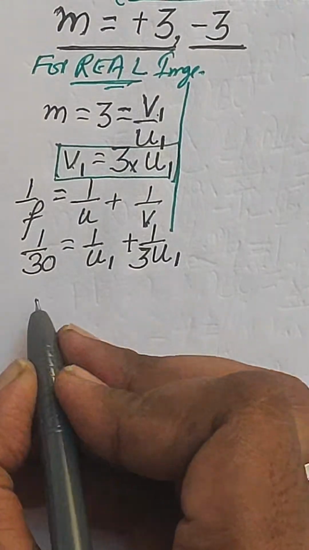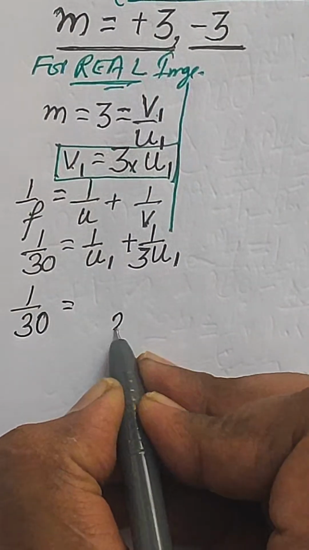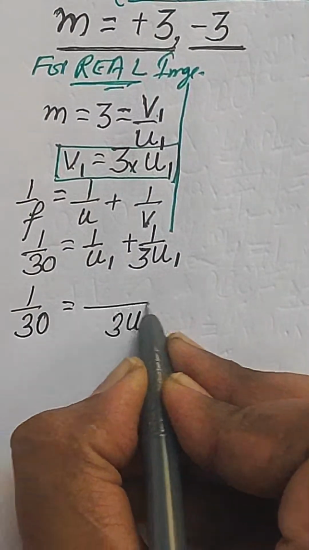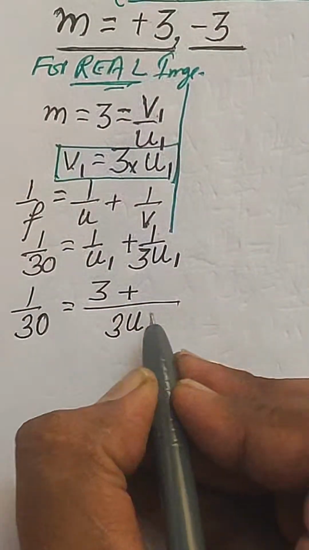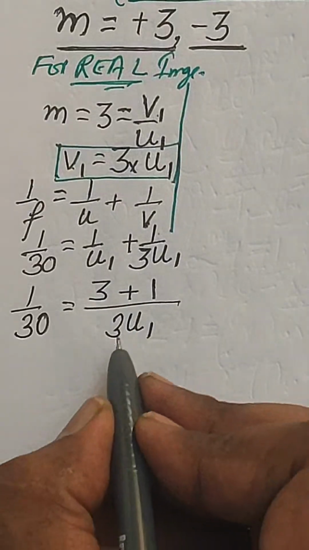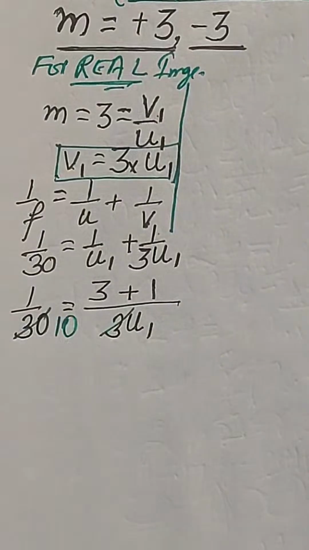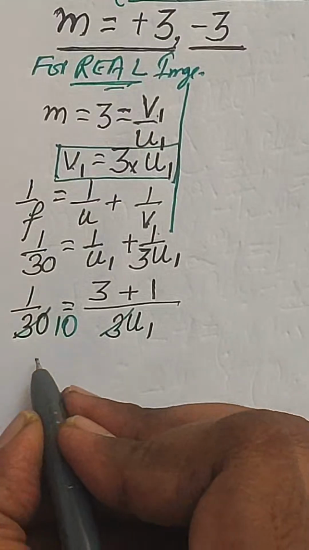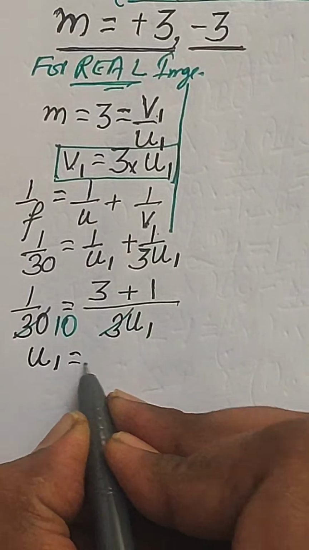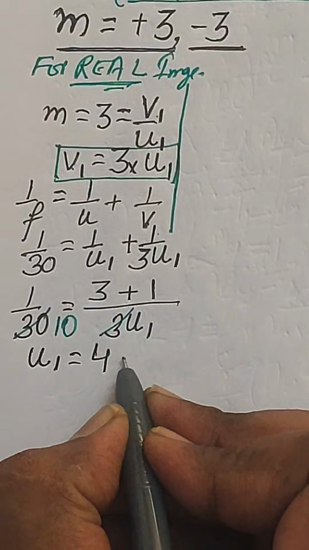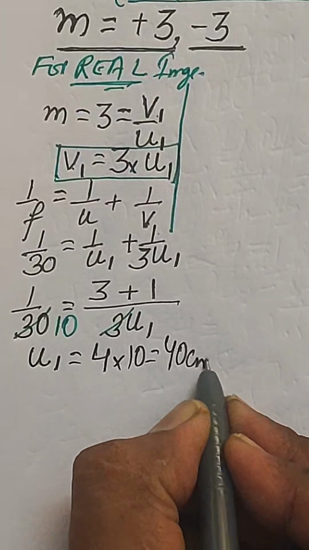Here you can see 1 by 30 is equal to, with 3u1 in the denominator, 3 plus 1 over 3u1. From here 3 will cancel into 30, 10 times, and you will get the value of u1 is equal to 4 into 10, or 40 centimeter.